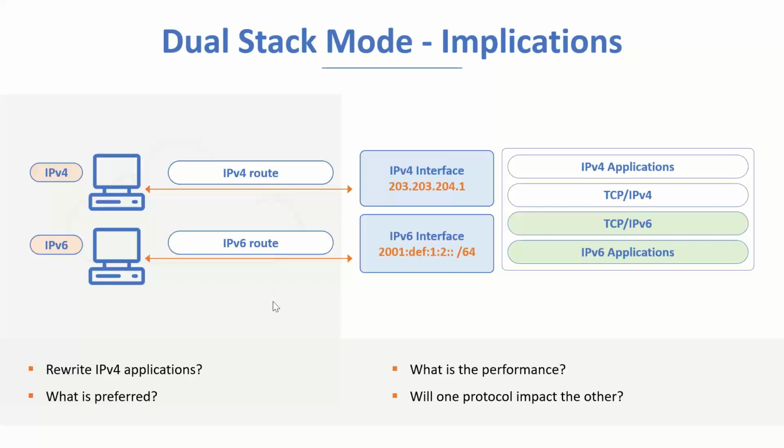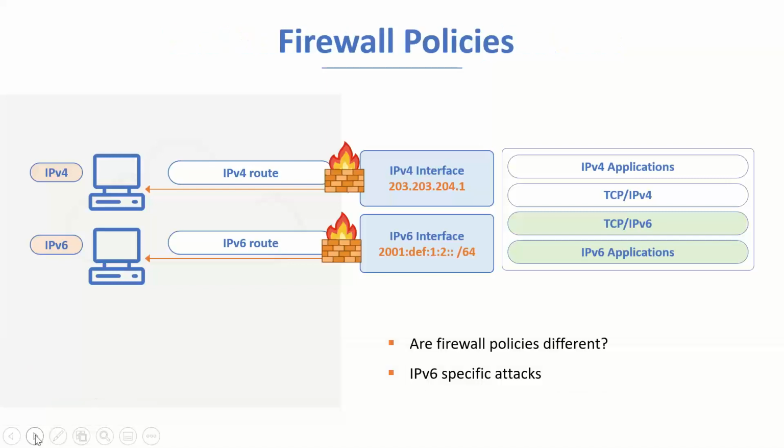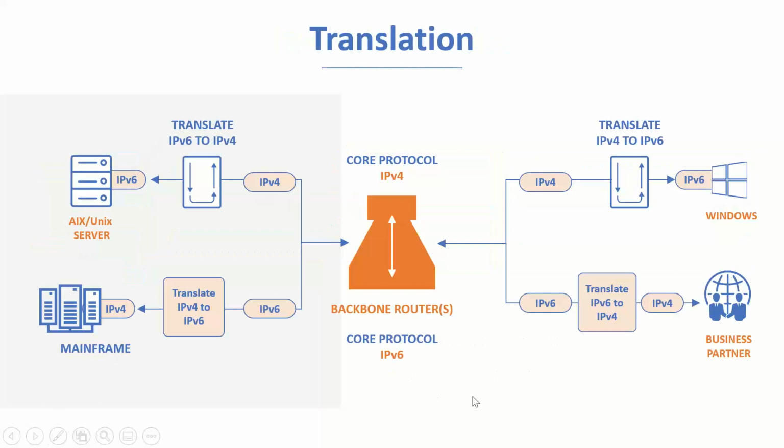If you can't find a V6 host, it'll fall back to V4. They call it Happy Eyeballs. But there is a performance hit, and I think I have a trace somewhere of that. So firewall policies, are they going to be different? Do you have V6 attacks? And again, Mike will talk a whole lot about this at the next session.